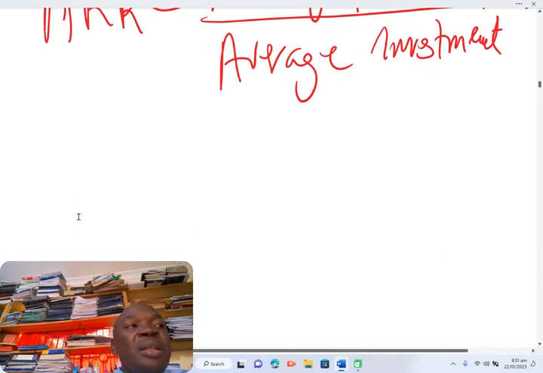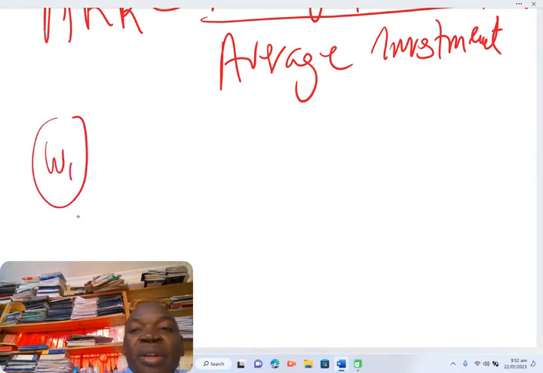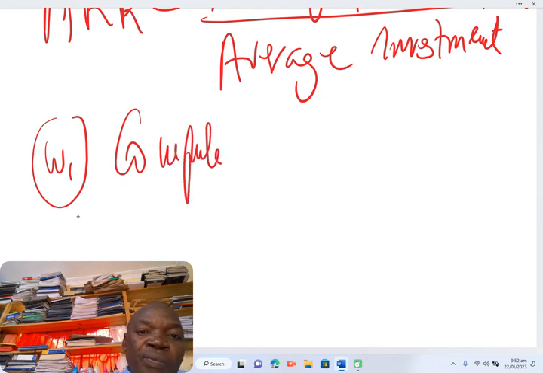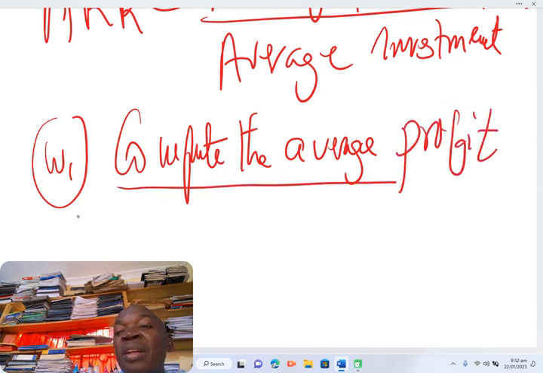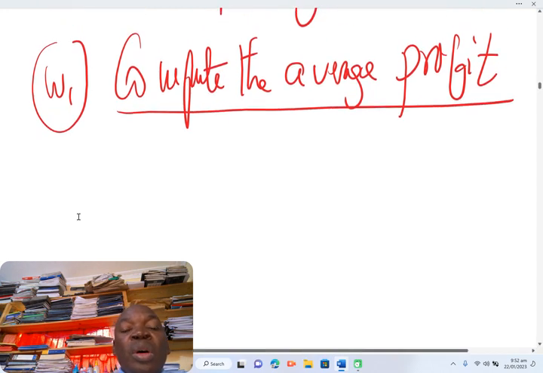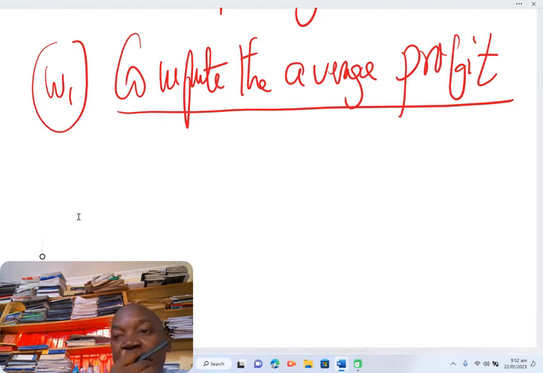So you must produce 2 workings. Working 1, you compute the average profit figure. So for the average profit figure, you have the following.